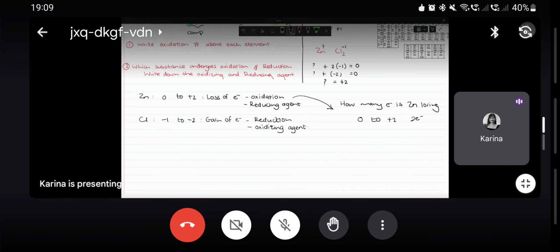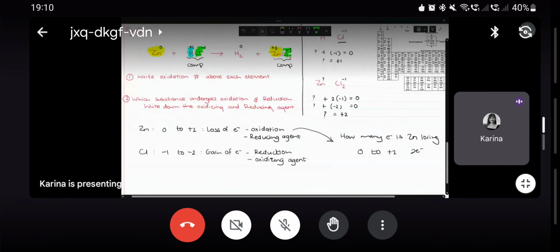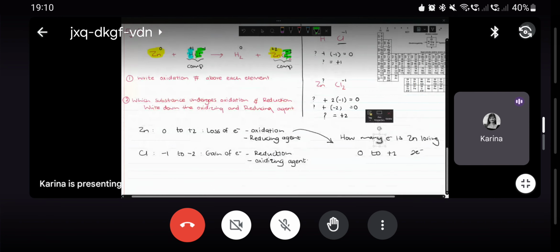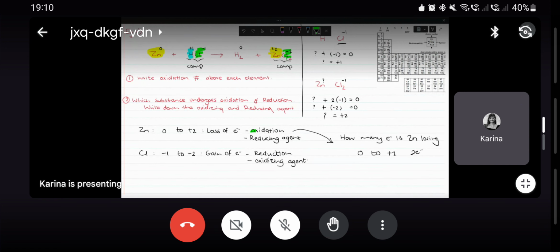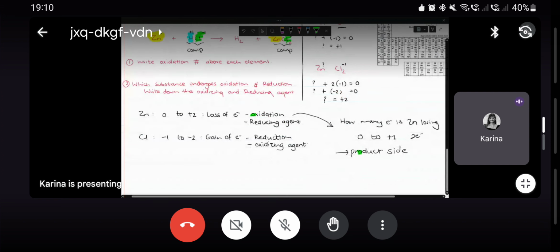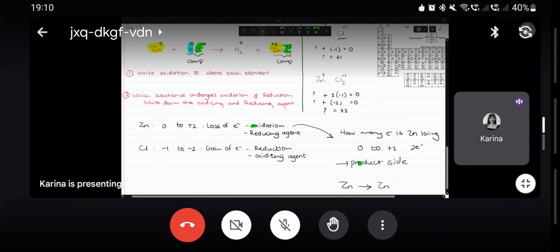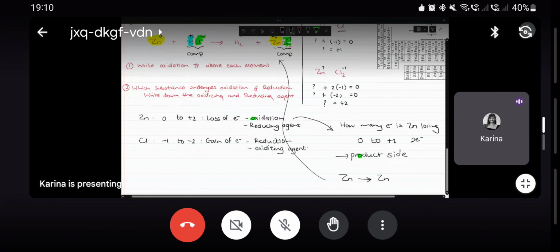And then we need to figure out which side of the reaction we are writing this on. So remember, we've got our O in oxidation. This is our oxidation half reaction, which means it's going to go on the product side because of the O in product. Product side, in other words, after the arrow. So how would that look? We would say zinc is going to become zinc 2 plus, because it lost 2 electrons, and remember I'm looking at the numbers from the question here.